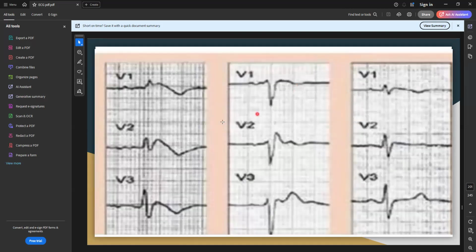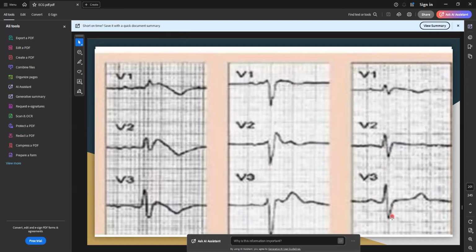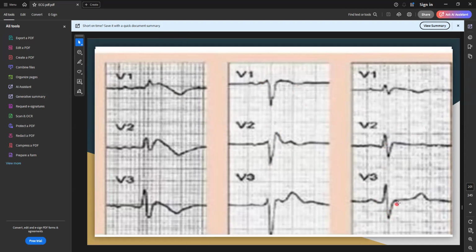You can see the ECG showing the Brugada syndrome, the Brugada ECG waves. In leads V1, V2, V3, here you can see the Brugada wave.